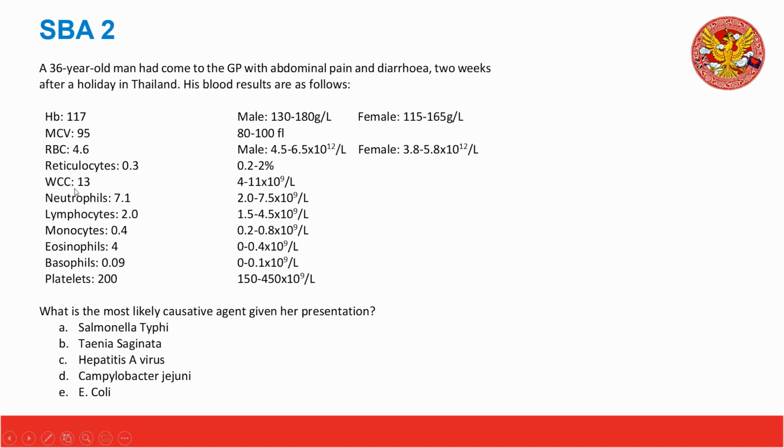When I look at the white cell count breakdown, neutrophils seem fine, a bit on the high side, but I'm not too worried about it. Lymphocytes, fine. Monocytes, fine. Your eosinophils, this is quite an extreme example. You won't necessarily get an eosinophil count of 4, but I just put it here to make it quite obvious. So there's a high eosinophil count.